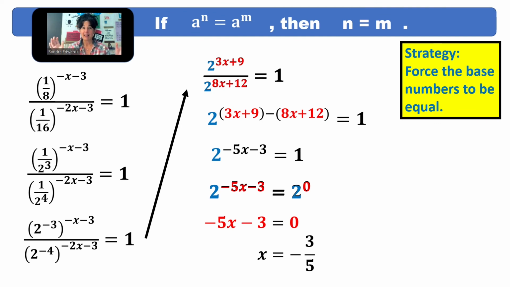But I like this last problem in particular because it gives you maybe some strategy ideas: when you see a denominator, multiply both sides by the denominator, or if you see the number 1, know that you can force the number 1 to be any base you want. If I wanted it to be base 4, I'd make it 4 to the 0. Here I wanted it to be base 2, so 2 to the 0.